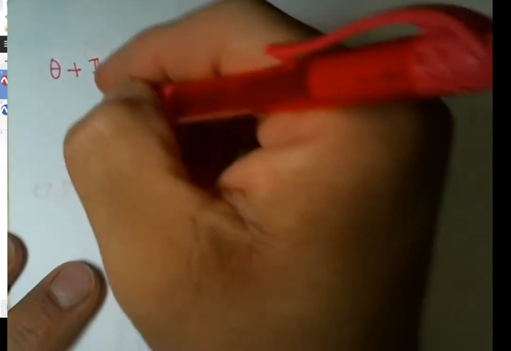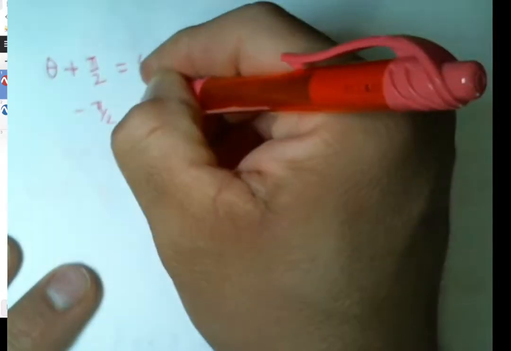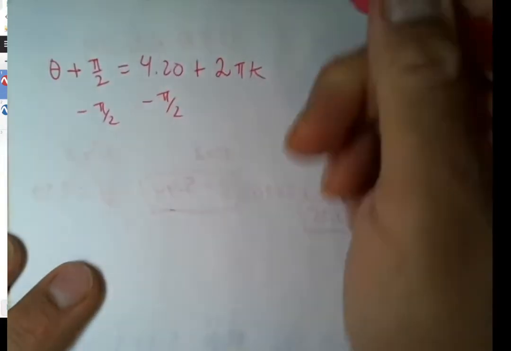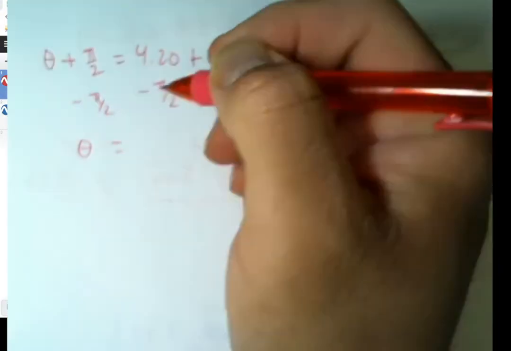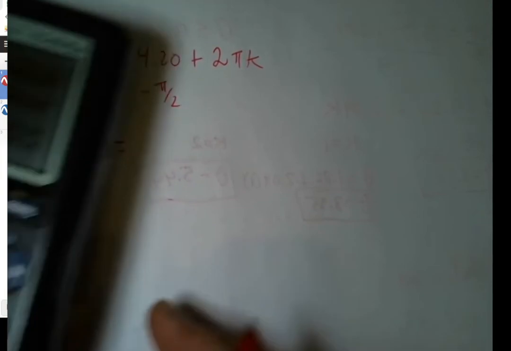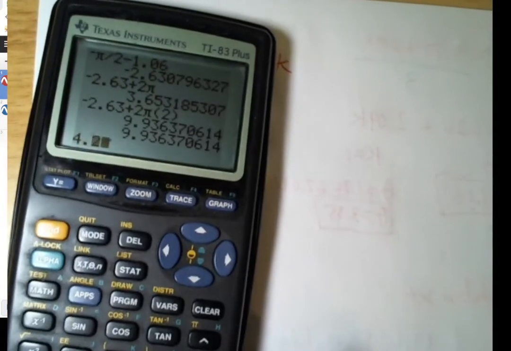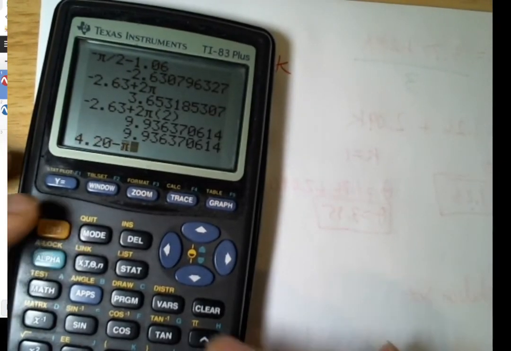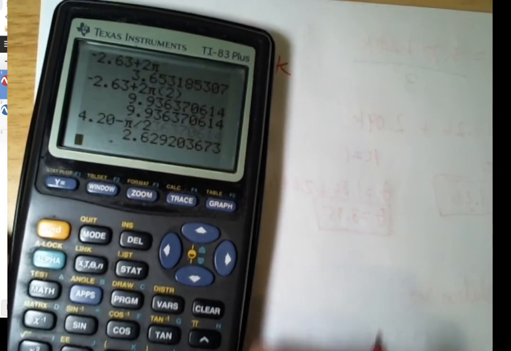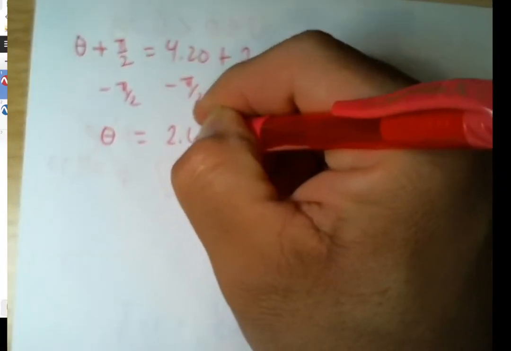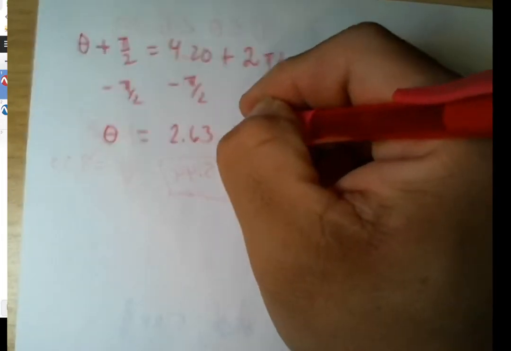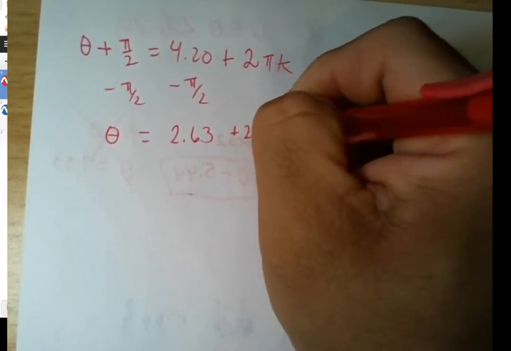And again, I'll start by subtracting pi over 2. And we get theta is equal to 4.20 minus pi over 2. That gives us 2.63 plus 2 pi k. Right?